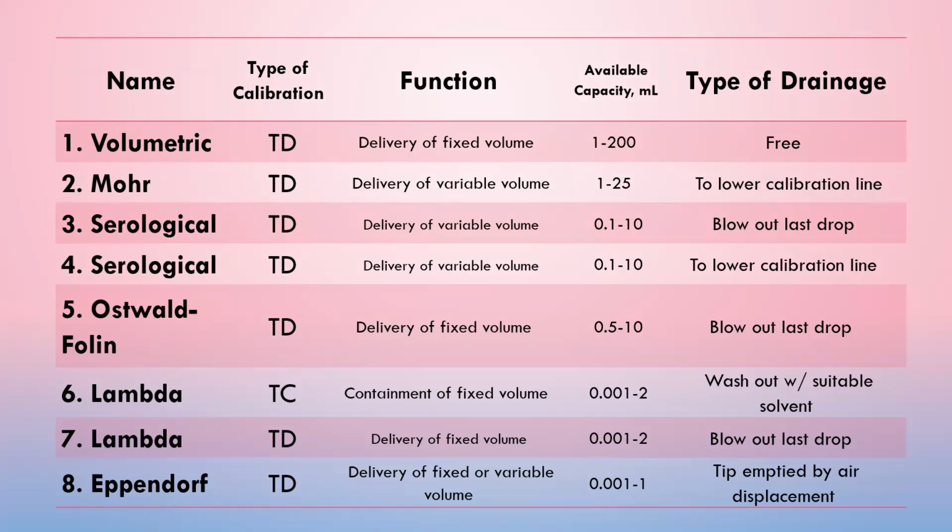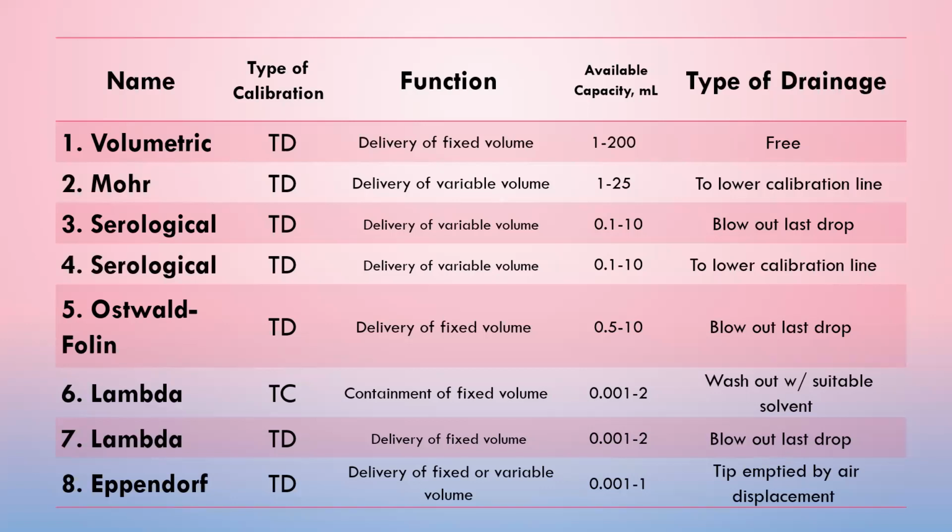The Austral fallen also, and the two types of the Lambda, and we have also Eppendorf, pwedeng fixed volume if they have one graduation only. But the rest, pag sinabi dyan, delivery of variable volumes, ito yung pipette natin, class, na kagaya ng ating burette na maraming linya, maraming graduation. So we can deliver variable volume of liquid, transfer it from one container to another.